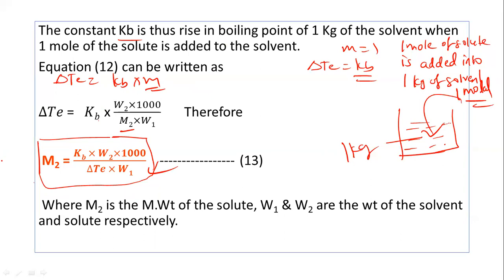So this is the equation: M2 is equal to Kb into W2 into 1000 divided by delta Tb into W1. In this way we can determine the molecular weight of the solute, where M2 is the molecular weight of the solute, Kb is the molar elevation constant, W2 is the weight of the solute, delta Tb is the elevation in boiling point of the solvent, and W1 is the weight of the solvent. So if we know these values, then we can determine the molecular weight of the solute.